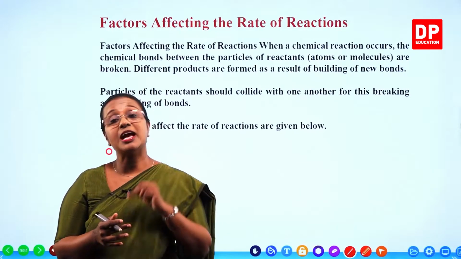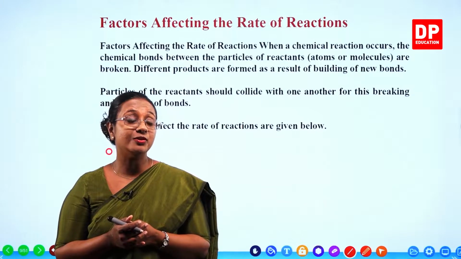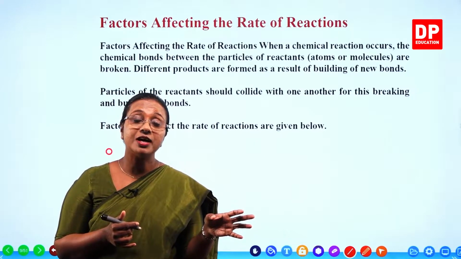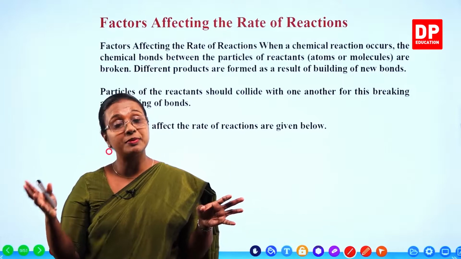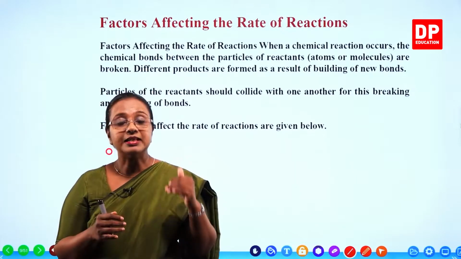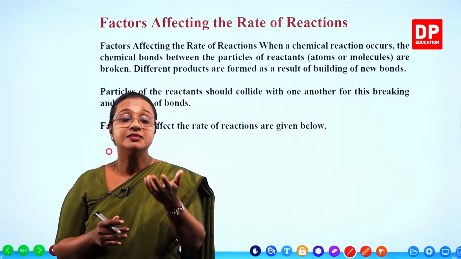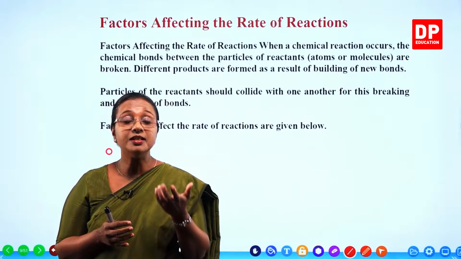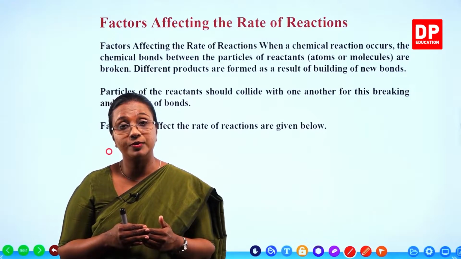And that can be calculated in two ways. How did we do that? In one, we fix the amount of reactants used up or the products formed, and we observe the time taken for the certain amount of reactants to be used up or a certain amount of products to be formed.